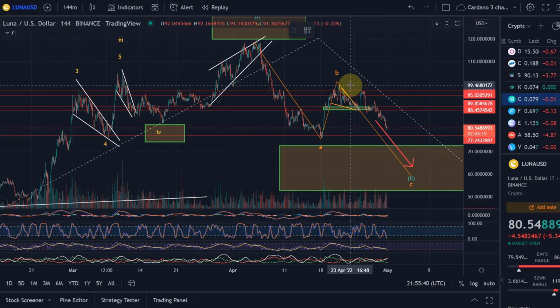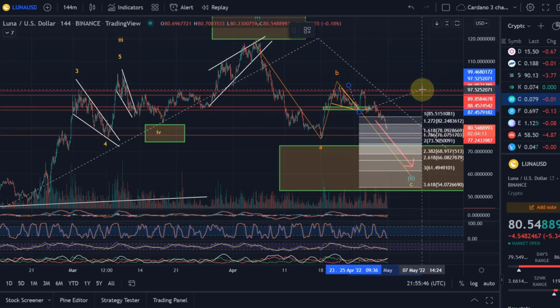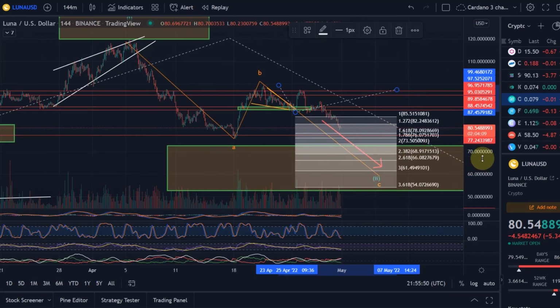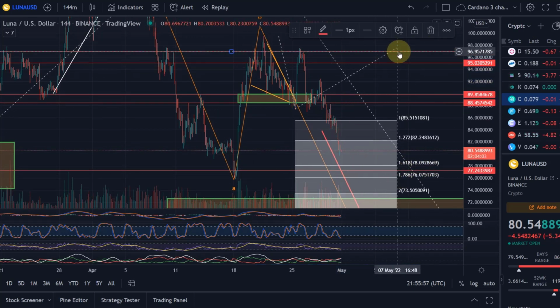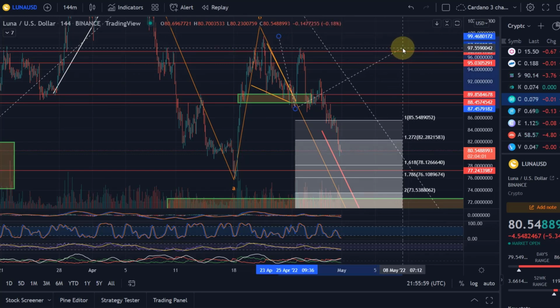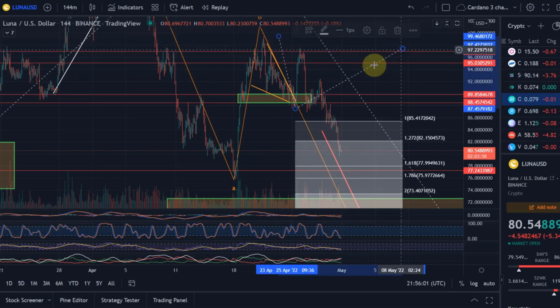the 1.618 Fibonacci extension of that first wave, and we're going to take a look at that. You can see here the 1.618 Fibonacci extension is actually here at 78 US dollars. Depending on how accurately I draw that, but that is pretty good.